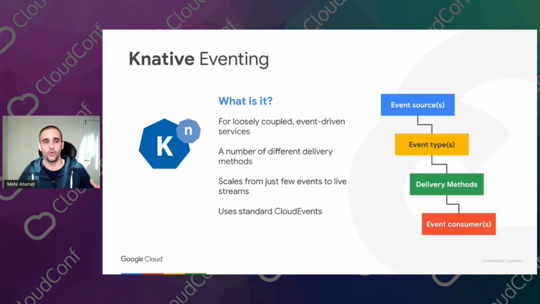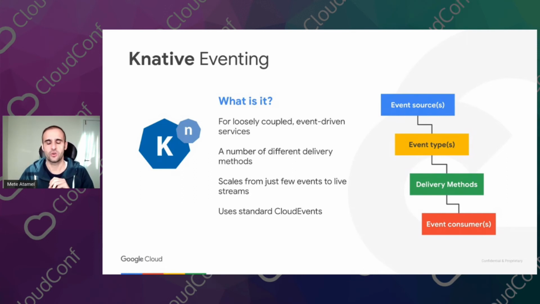For example, you can connect event sources directly to your event consumers with nothing in the middle, or you can connect one source to multiple consumers, or you can do event pipelines where you have multiple sources receiving events, and then they can reply with other events. So there's a lot of things that you can do in the middle. I won't be able to cover them in detail here, but again, I will point you to my tutorial where I talk about all these different details. So that's what Knative Eventing is in a nutshell.